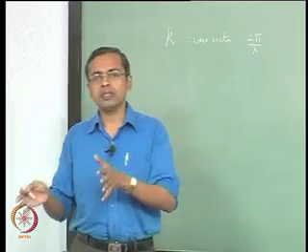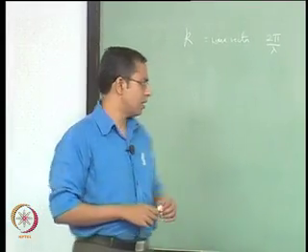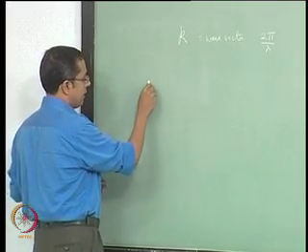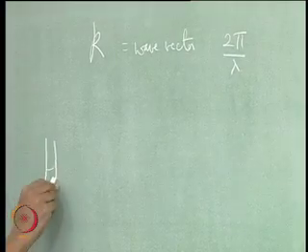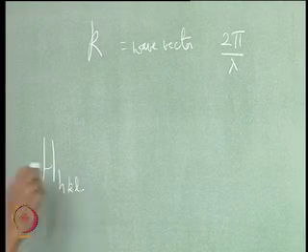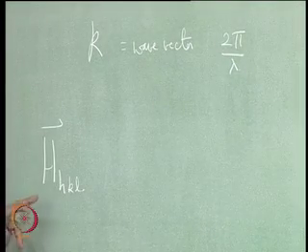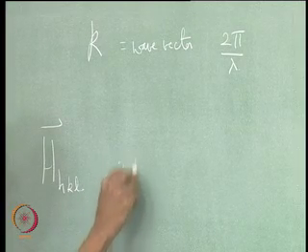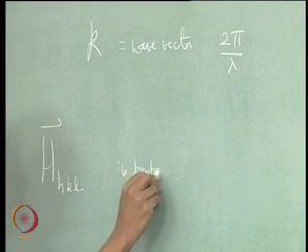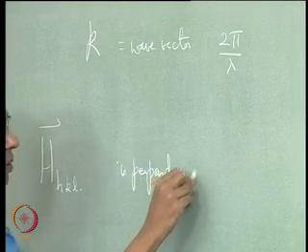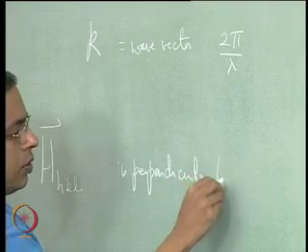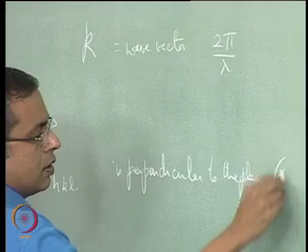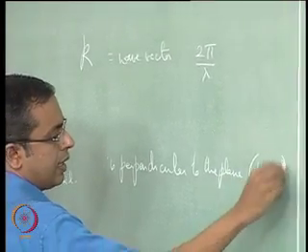On the basis of those definitions, we already found that, for example, in the reciprocal lattice the vectors are designated, we are standardly designating them using this hkl, and the vector hkl we found is perpendicular to the plane hkl.